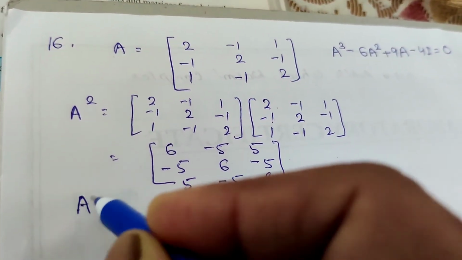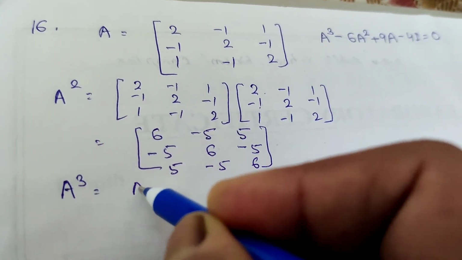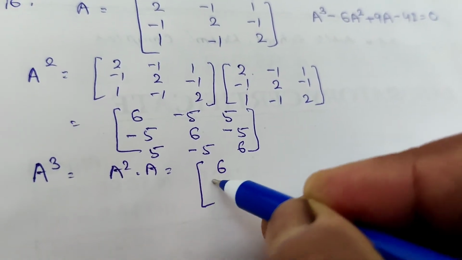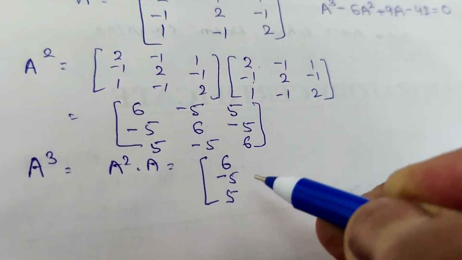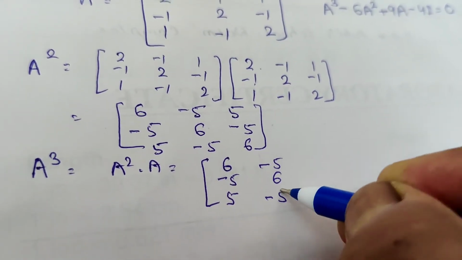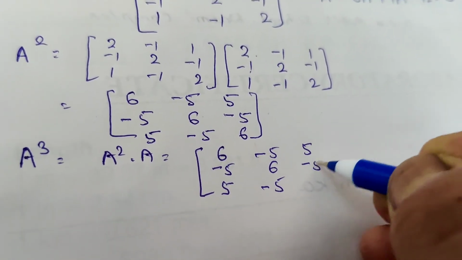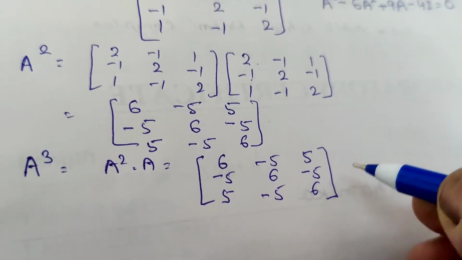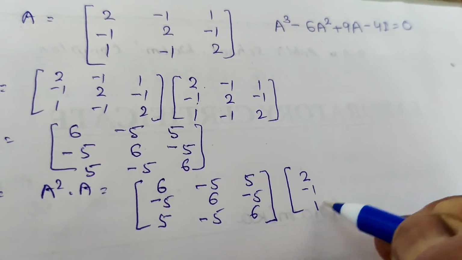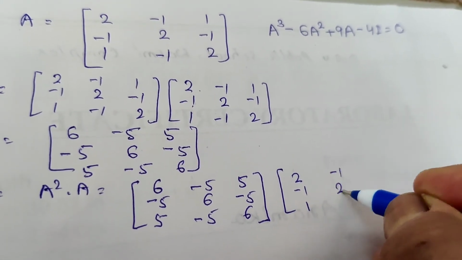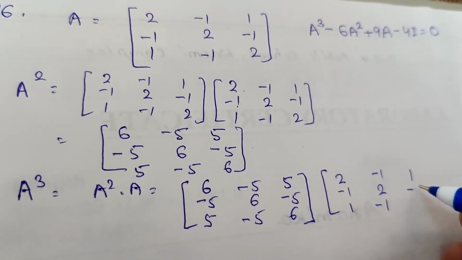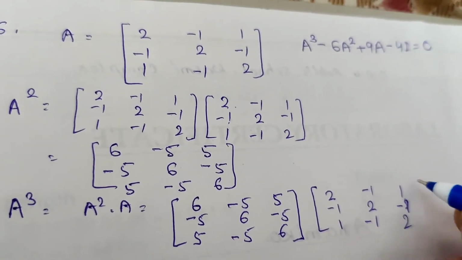Now find A cube. A square into A. 6, minus 5, 5, minus 5, 6, minus 5, 5, minus 5 and 6, multiplied to 2, minus 1, 1, minus 1, 2, minus 1 and next 1, minus 1 and 2.